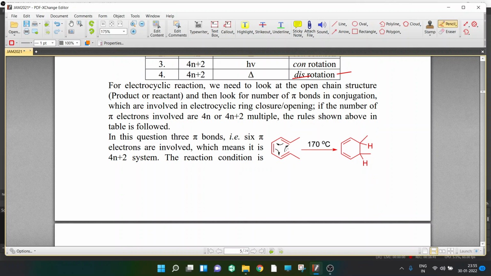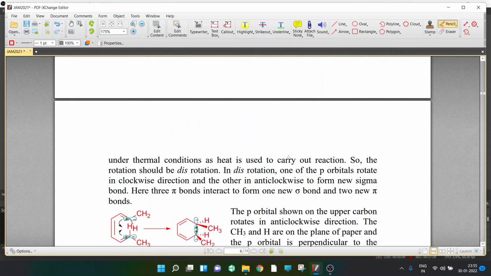This reaction is pretty simple. 3 pi bonds interact and you get 1 sigma bond, and 2 pi bonds rearrange. So this comes here, this goes here, and this comes here. So the sigma bond is formed between this and this. Okay, so we have to look at the p orbitals here, and when they interact, we said it is disrotation. So one of the p orbitals will rotate clockwise, another will rotate anti-clockwise.